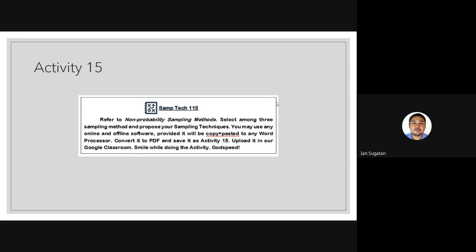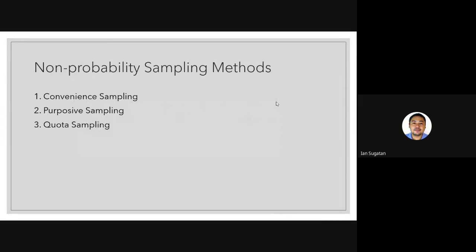You may use any online and offline software, provided it is copyrighted by any processor. So what you're going to do, guys, is you're going to write your title, and then you're going to make three sampling methods: convenient sampling, purposive, and quota.